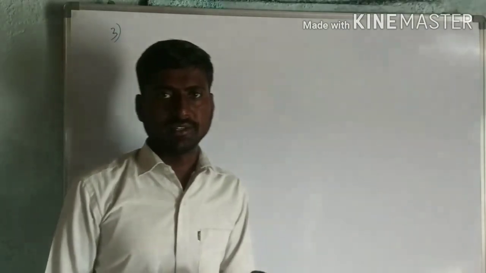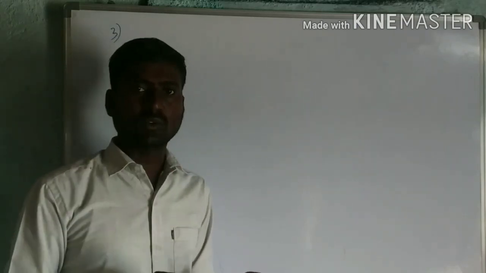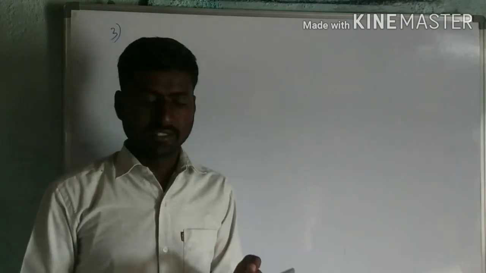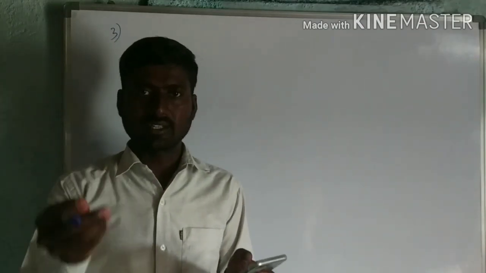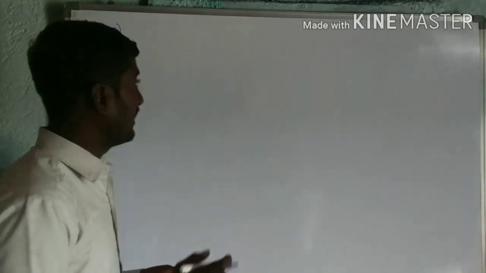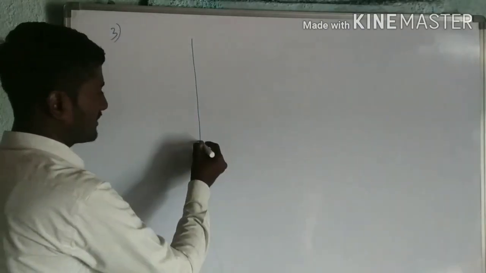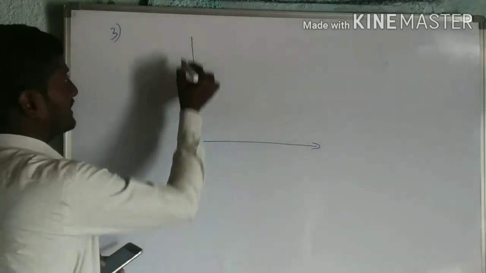Now for the third question, I want to give you a hint how to solve. First read the question carefully and understand it. You can pause the video and read the question. So here there are 100 parts along the y-axis. I will mention this as AD.